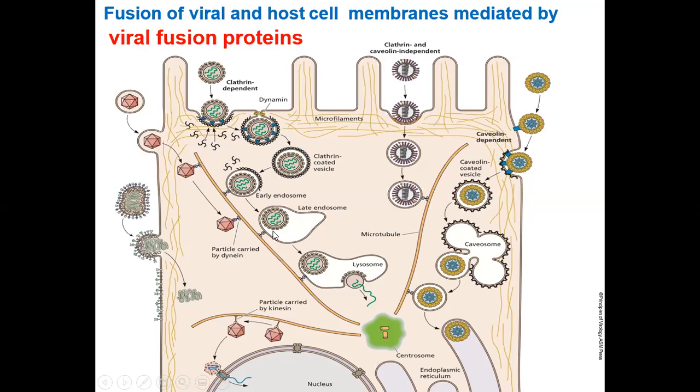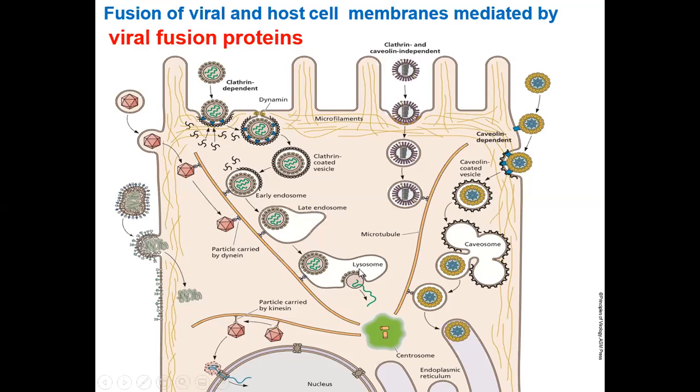The endosome is a structure that has acidic properties. Sometimes this acidity destabilizes the capsid molecules and nucleocapsids, so that the main player, the nucleic acid, can go out of that shell.